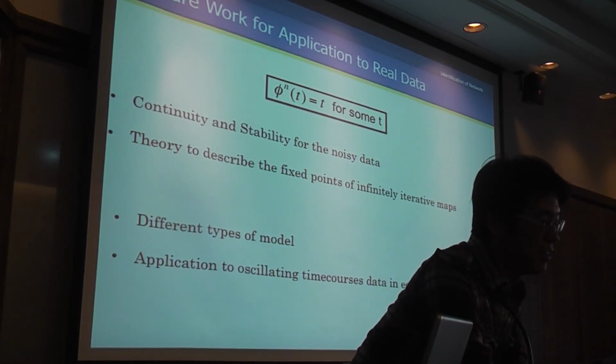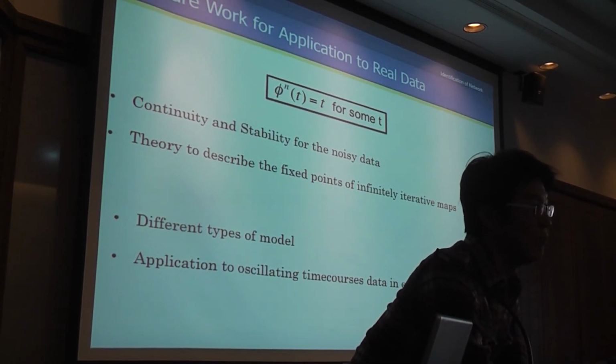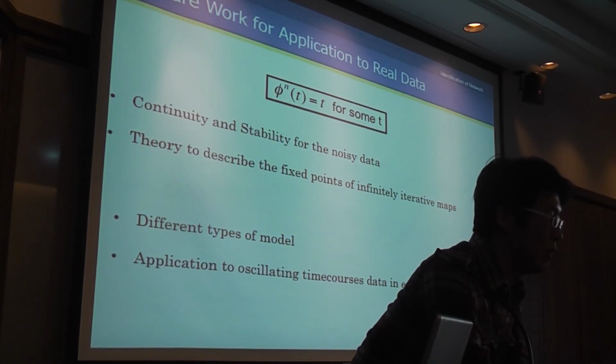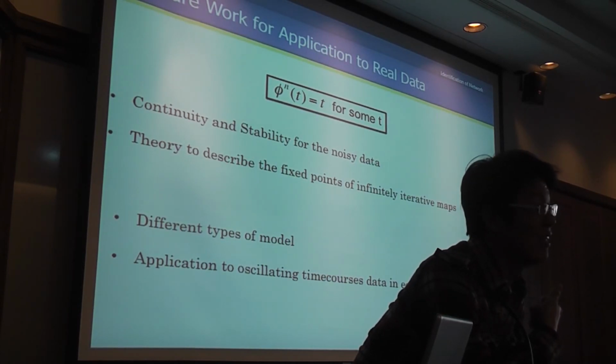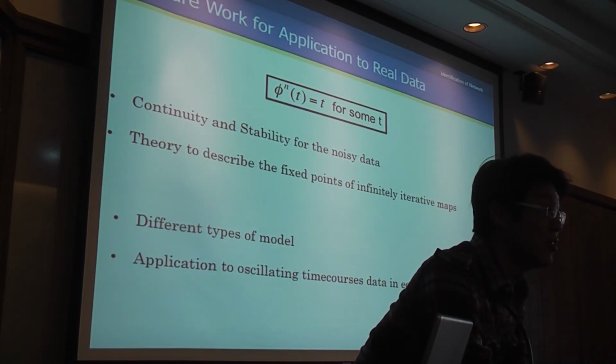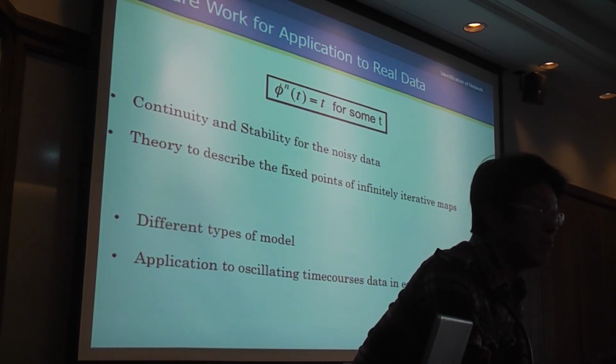That is a very good question, because we cannot check all the fixed points for all the iteration maps. I'm trying to find some mathematical theory which describes the fixed points of iteration maps, but unfortunately most mathematical theory based on topology assumes the continuity of the map. But as you can see, the map here is not continuous, it is discontinuous. So I cannot apply all of that previous study.